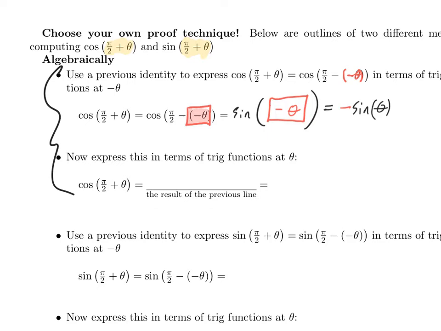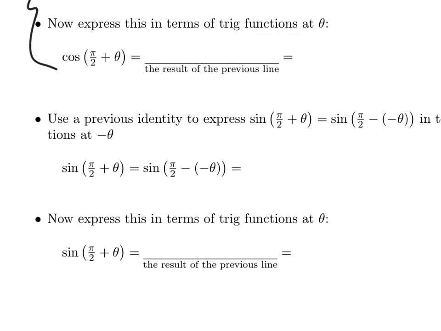That's okay. Let's do the same thing to compute the sine of pi over 2 plus theta. The sine of pi over 2 plus theta is the same as the sine of pi over 2 minus negative theta. And for emphasis, I'll again put this bit in a box, which I'll even shade in. So now what do I see in this line? Something that looks like the sine of pi over 2 minus a number.